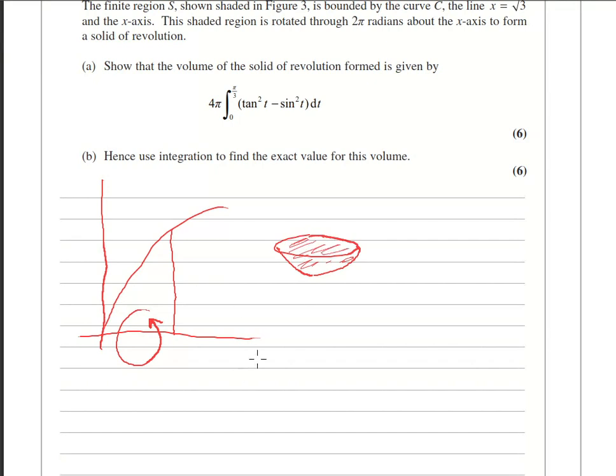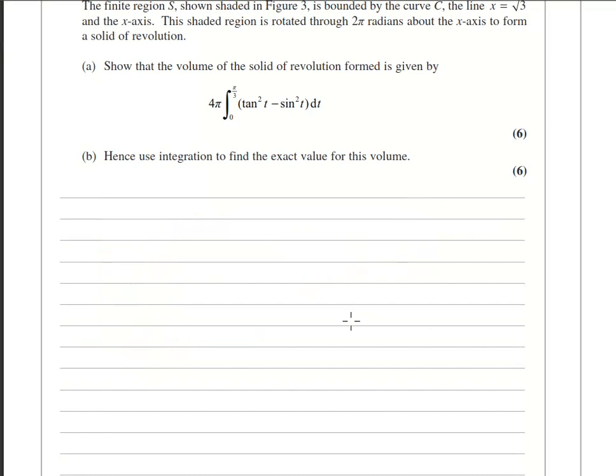I'll show you a proof of this formula, but essentially when it's done parametrically, you use the formula pi y squared dx by dt dt, and that's the formula I'm going to use to solve this problem. Let's write it down again: pi y squared dx by dt dt, using x limits as well, x equals a, x equals b.